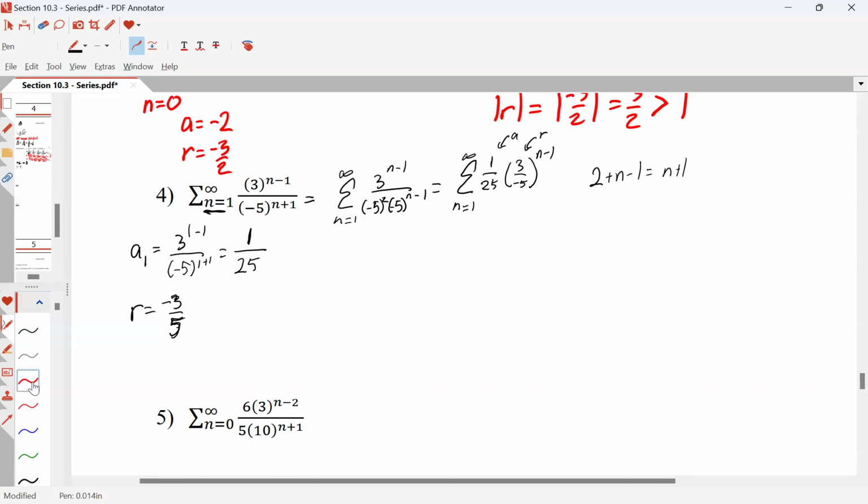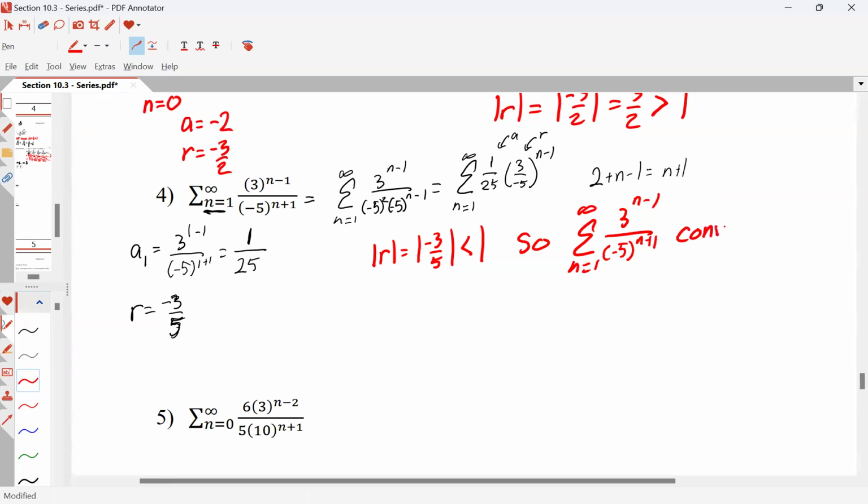So R is -3/5. So the absolute value of R is less than 1. So the series n equals 1 to infinity of 3 to the n minus 1 over -5 to the n plus 1 converges to 1/25 over 1 plus 3/5, because in the formula, the sign on R does matter.